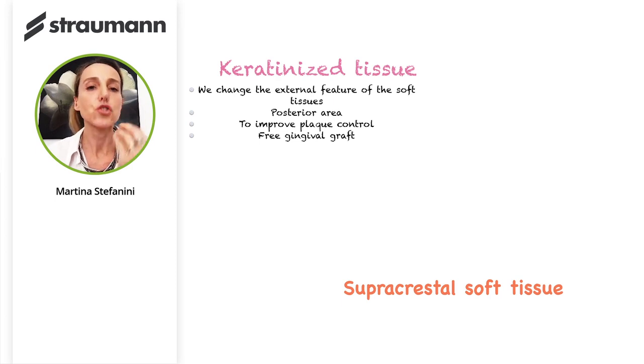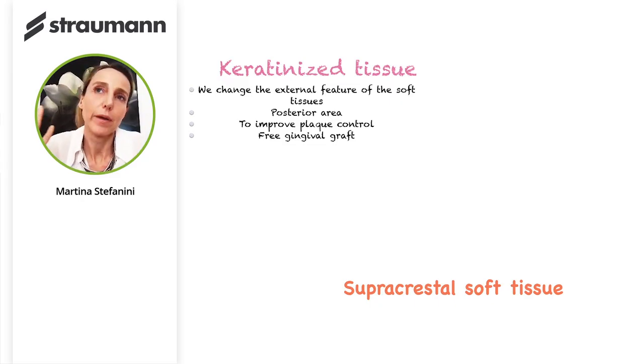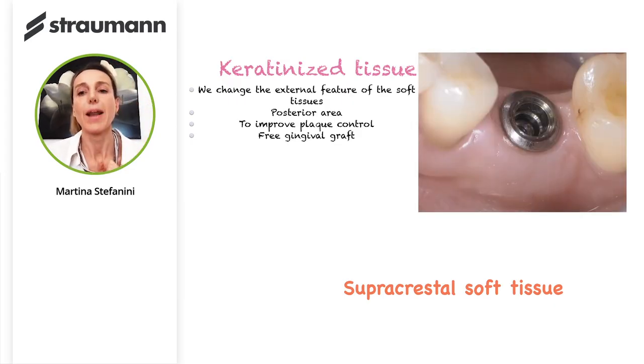And the technique of choice to increase the quantity of keratinized tissue in height is the free gingival graft, which is suggested in the posterior area due to the keloid aspect of the free gingival graft healing. And the aim of this technique is to improve plaque control in the posterior area.